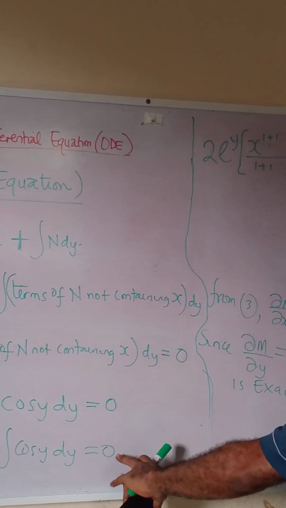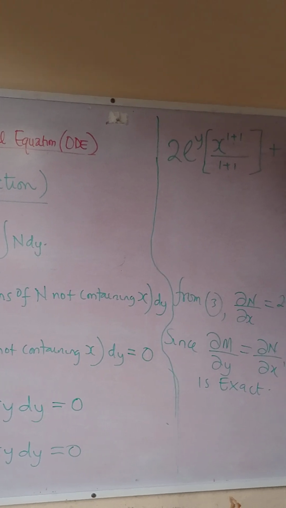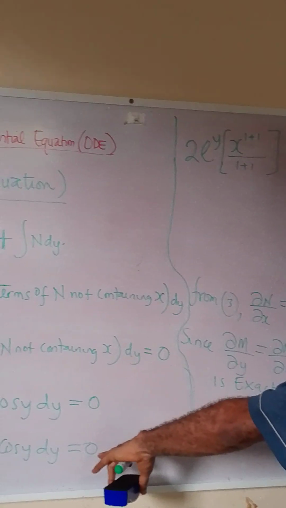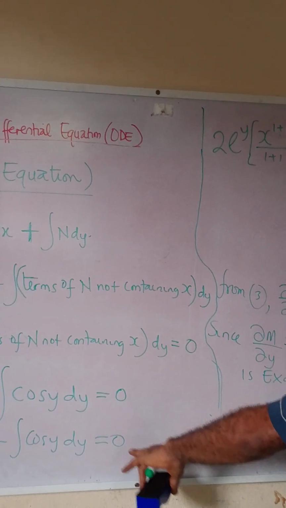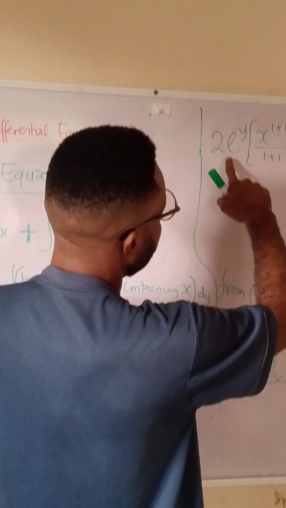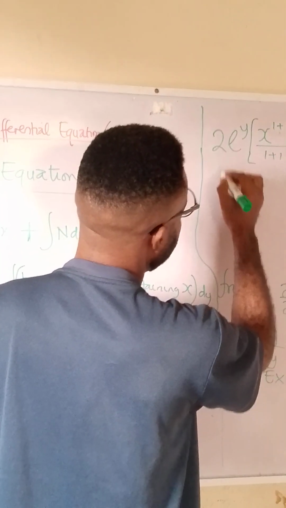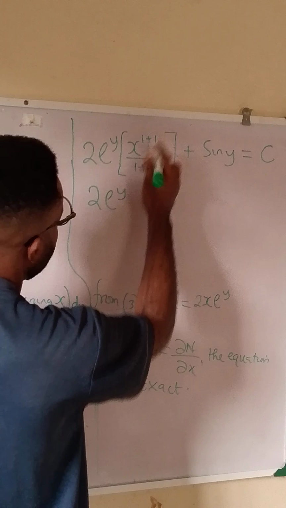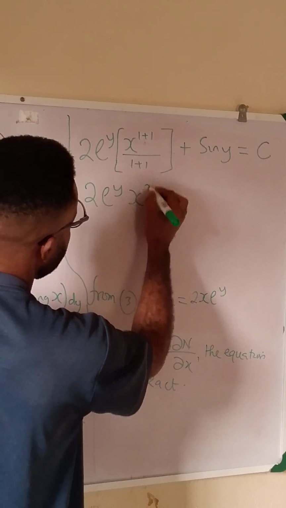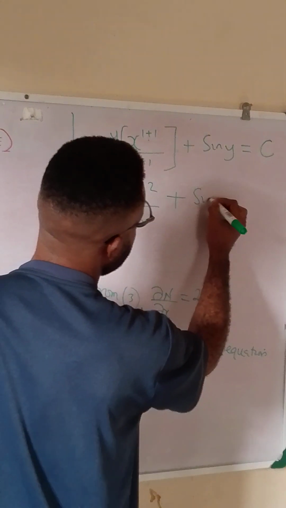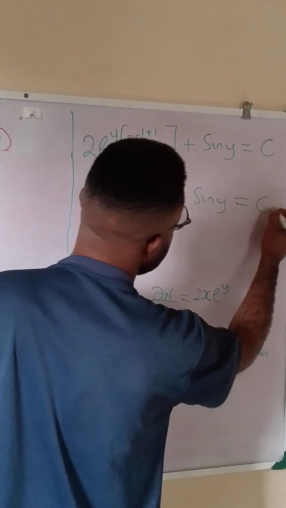When you integrate the 0, you have c. So when you do this, you have 2 exponent y, x raised to power 1 plus 1 will be x squared divided by 2, plus sine y equal to c.